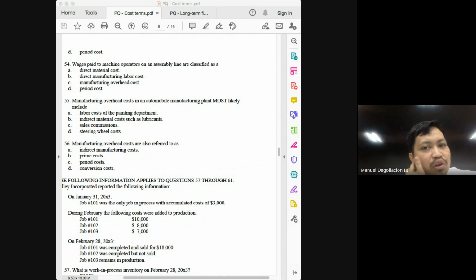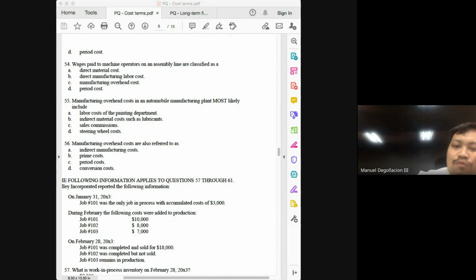55, manufacturing overhead costs in an automobile manufacturing plant most likely include... Labor cost of the painting department, you can easily trace the labor applied by these employees, class, so that may not be part of your overhead. That will go to your direct labor cost.